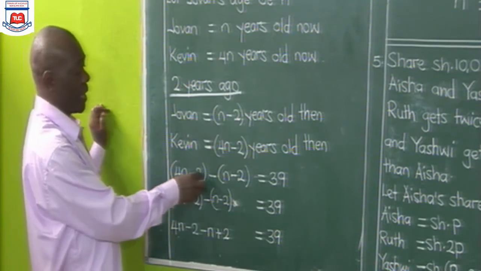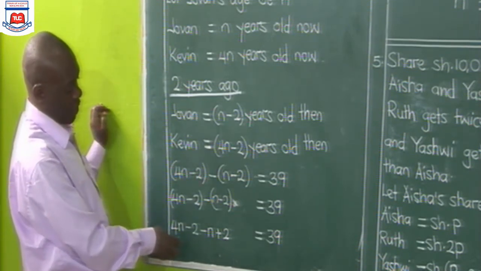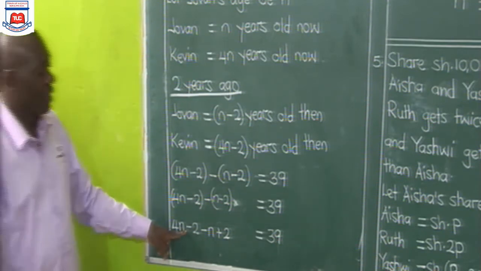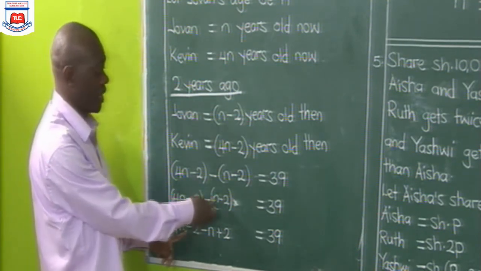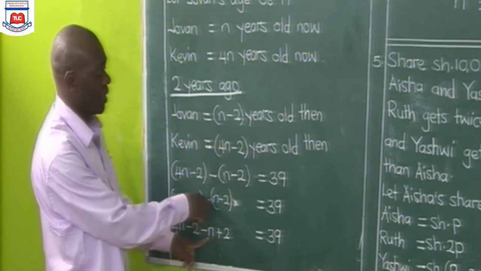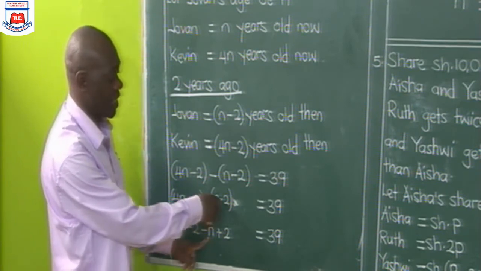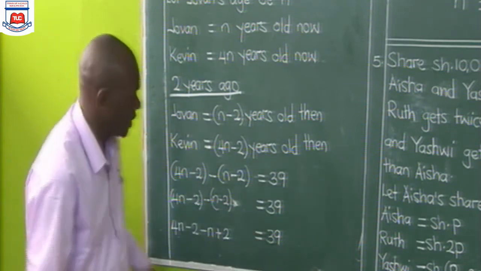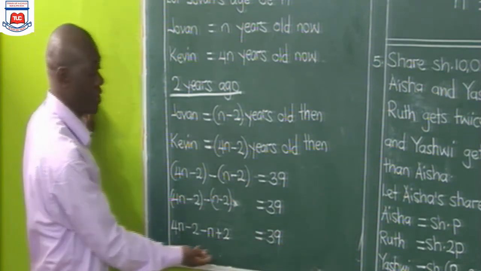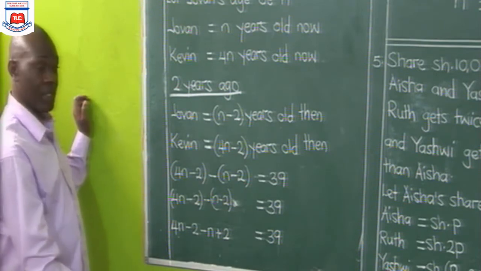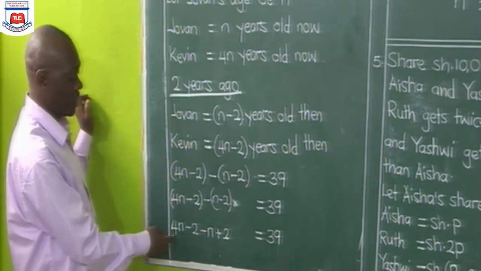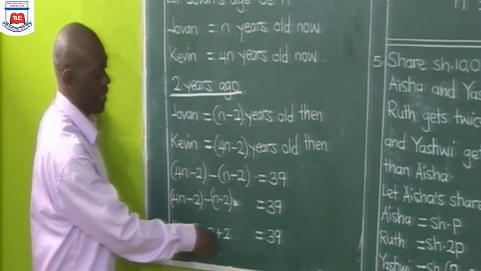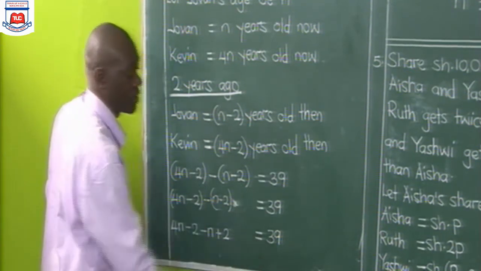So 4n minus 2 will remain 4n minus 2 when you open the brackets here. Then a negative times a positive n, you get a negative n. Whereas a negative times a negative 2, you get a positive 2, which is equal to 39. Hence the new equation, when brackets are opened, is 4n minus 2 minus n plus 2 equals 39.